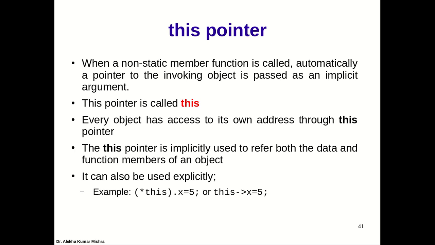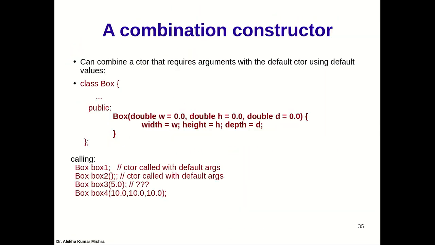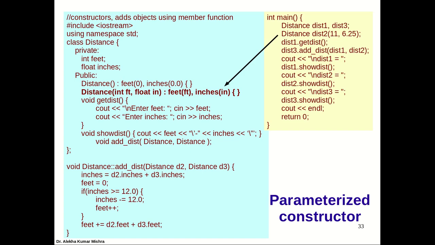If you remember, let us go back to an earlier example, the box example. You see here, we are referring to inches and feet directly in this add distance function. Directly means we are referring to the inches and feet of the object which has currently called this add distance function.